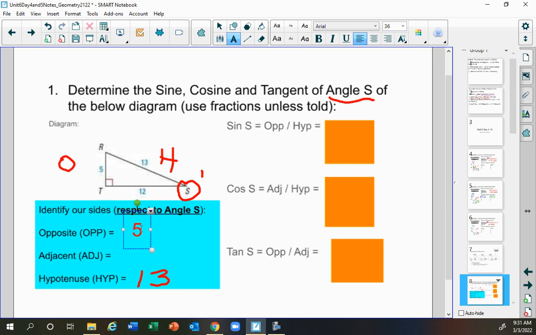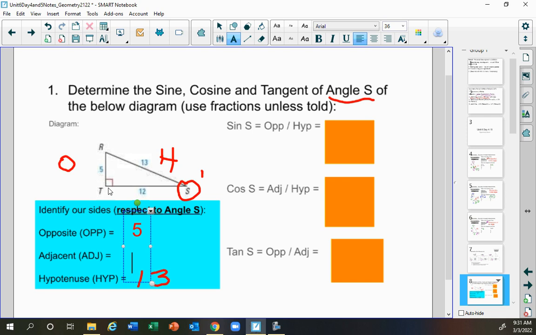5. And then what's the adjacent side? What side's the adjacent? You can tell us. 5's the opposite. That means the adjacent must be, what's our only side left? We got hypotenuse is 13.